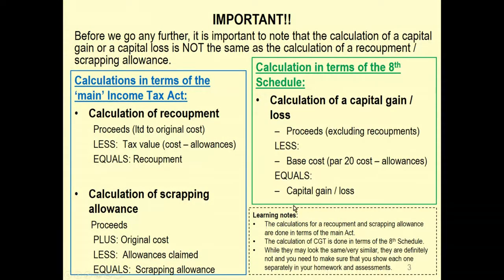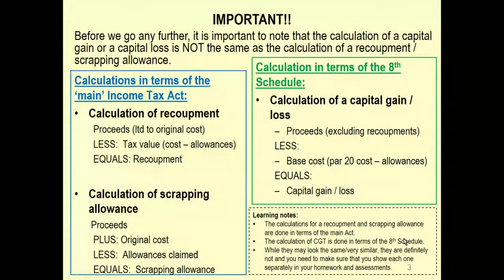Very, very important, and you will see it on that learning notes little block that I've got there. When you are busy with a homework question or in any of the assessments, please make sure that you deal with these calculations separately. In other words, if you've got a capital asset on which you had claimed capital allowances and you dispose of it, first do the recoupment or scrapping allowance calculation, right?